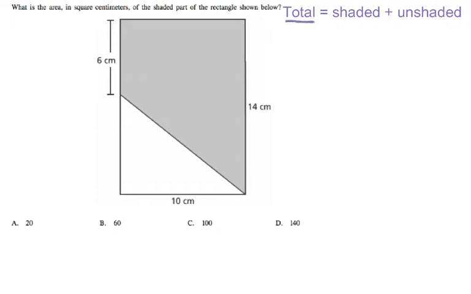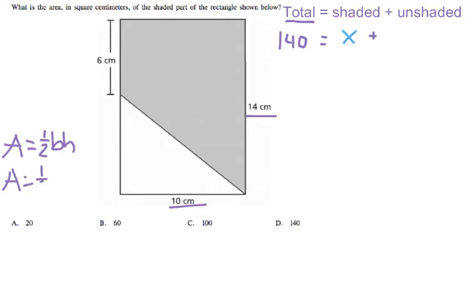The total area first. So I'm going to do this really quick. I know that my width is 10 and my length is 14. Width times length is 140. I'm going to add the units in later. And that equals the shaded area, which I don't know yet, plus the unshaded area. And that could be kind of easy because I know that the unshaded area is a triangle, and area equals 1/2 base times height.